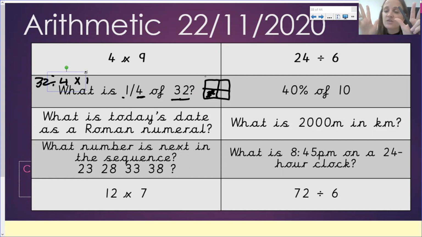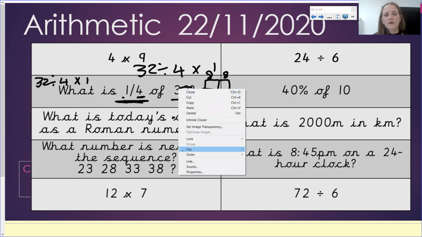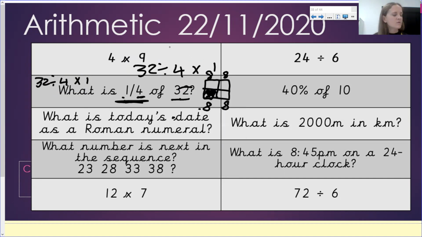We could even count in our eights: 8, 16, 24, 32. So each one of these will be 8. So one of these will be 8, and a quarter of that will be that. So you would go 32 divided by 4 and times your answer by 1. Just rub this out.